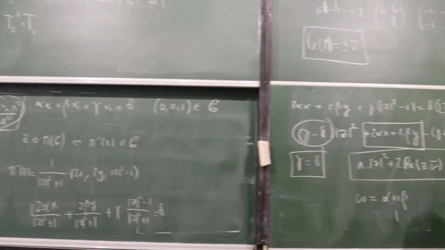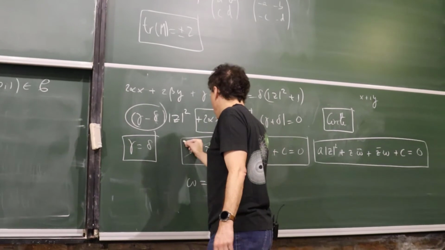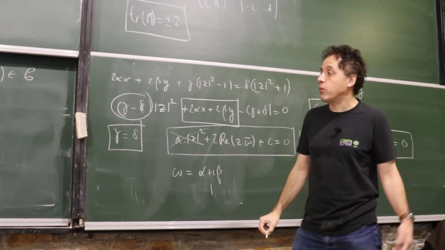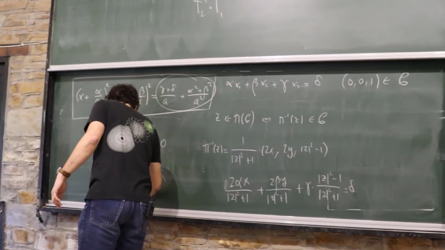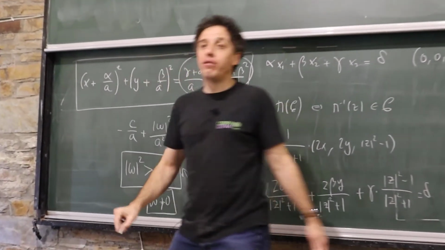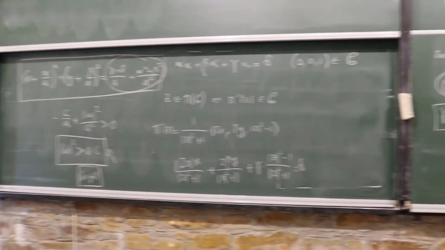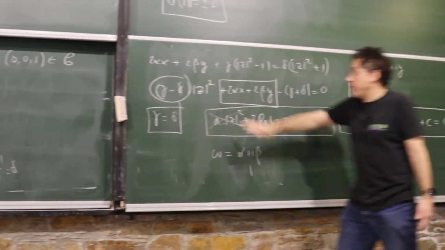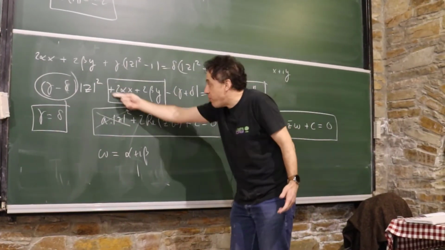And it's the same for a straight line. If you have a straight line, I mean if A is equal to 0, so if you don't have this term here, the condition would be only that omega is different from 0. Omega different from 0 means that, in fact, this expression is a straight line. If this term does not appear, this term represents a straight line if this appears.